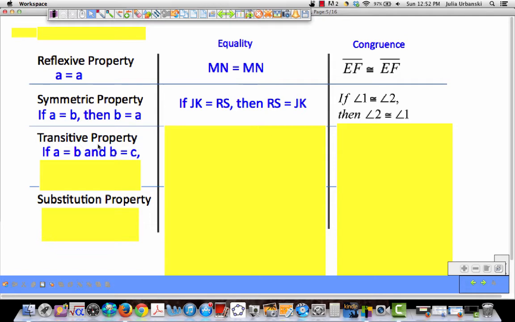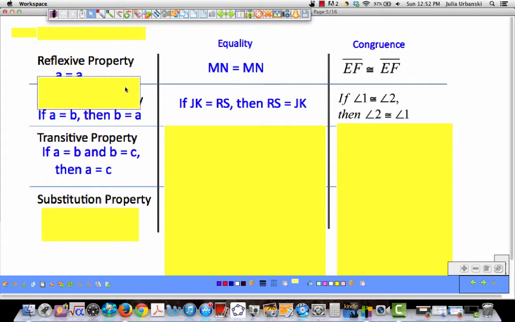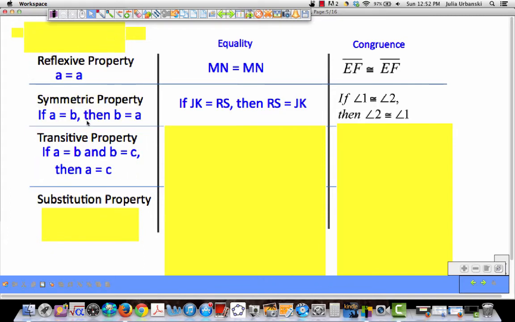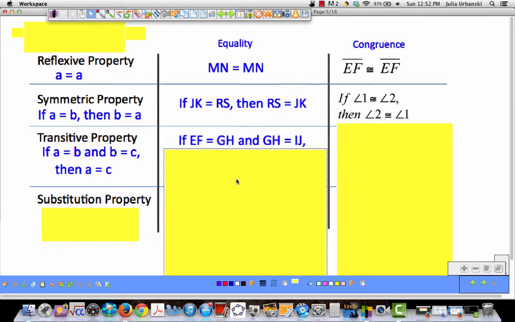And what do you think you would end up saying? A is equal to what in the end? C. If they're both equal to B, if they're both equal to the same thing, then they're equal to each other. If A equals B and B equals C, then A equals C. So look at this one. If you have these two things, if EF equals GH and GH equals IJ, pause if you need to write that down, then think about what could be happening here.